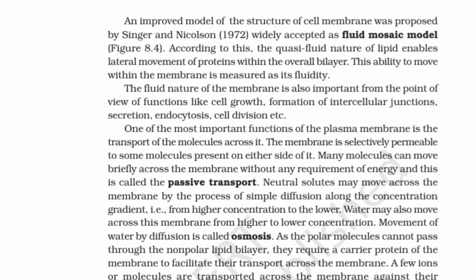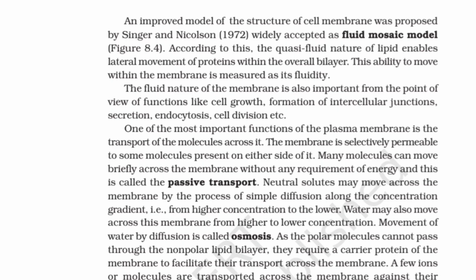An improved model of the structure of the cell membrane was proposed by Singer and Nicolson in 1972, widely accepted as the fluid mosaic model. According to this, the quasi-fluid nature of lipid enables lateral movement of proteins within the overall bilayer.